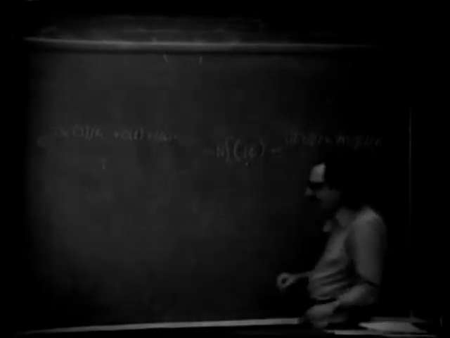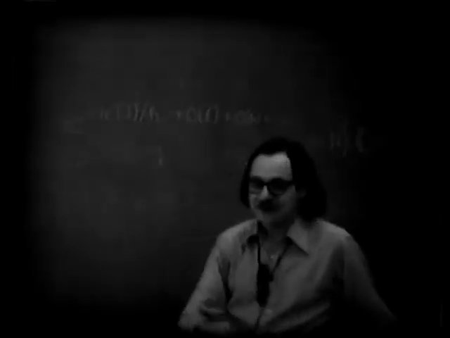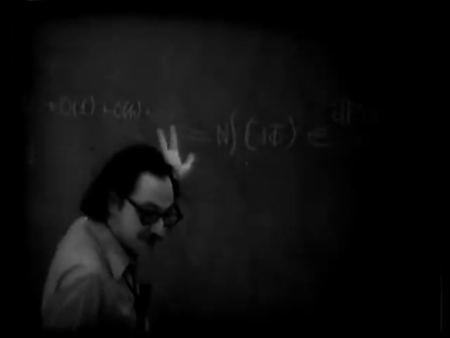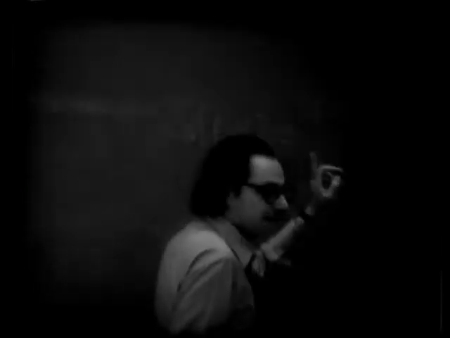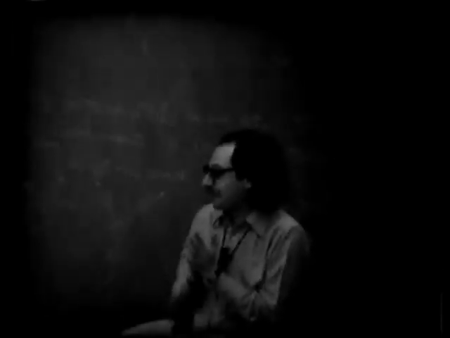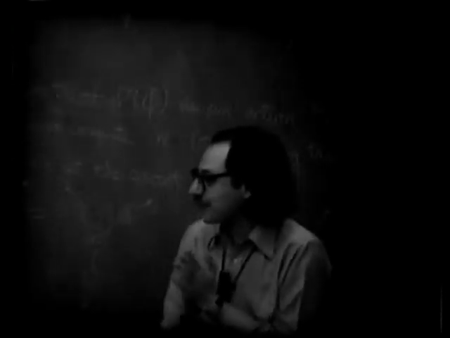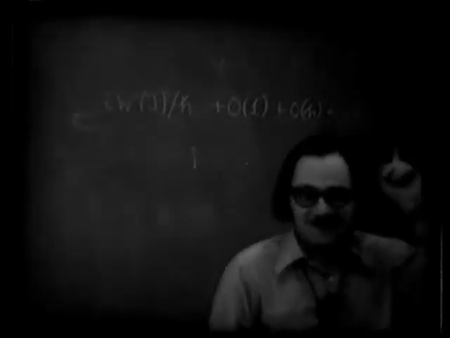Now, how do we evaluate this leading term? In the limit that h bar is very small, because we only want the term 1 over h bar, we evaluate it by stationary phase. Furthermore, we don't even have to worry about the determinantal factor in the stationary phase integral, because that is the term of order 1. All we have to do is look for the point of stationary phase.